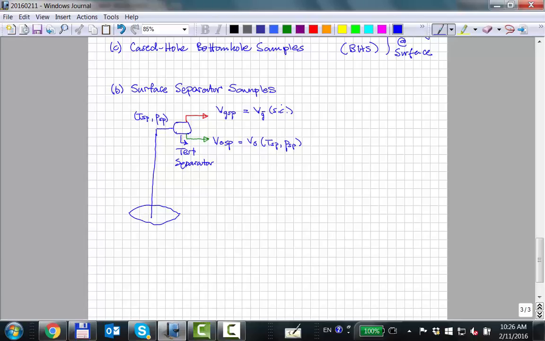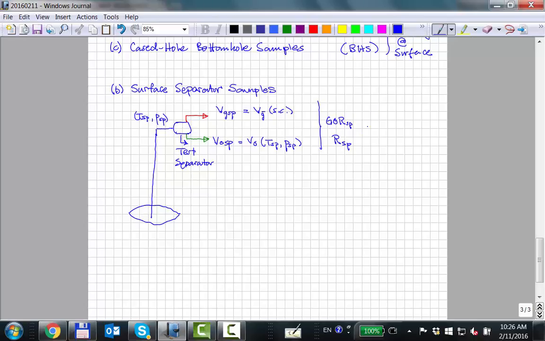Okay? So that's what's measured. The two volumes here are reported as a gas-oil ratio, GOR. For the separator, it might be called just R; the symbol in the SPE is capital R for gas-oil ratio. Okay? But typically I'll write probably GOR.